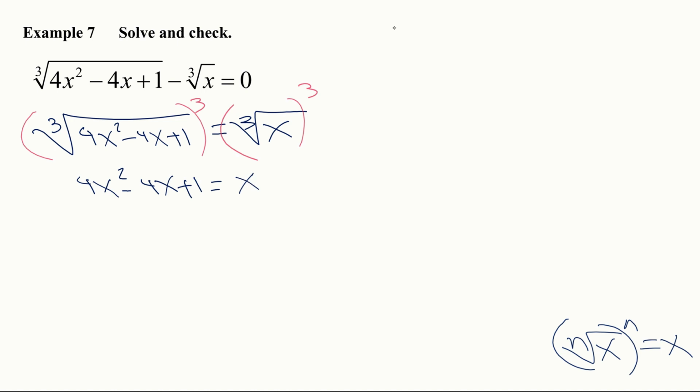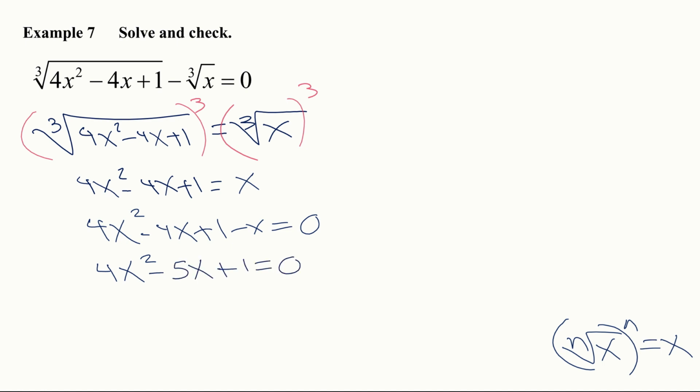Now all we have to do is solve this quadratic by moving the x to the other side. So 4x squared minus 4x plus 1 minus x equals 0. So 4x squared minus 5x plus 1 equals 0. And we go ahead and try to factor that.